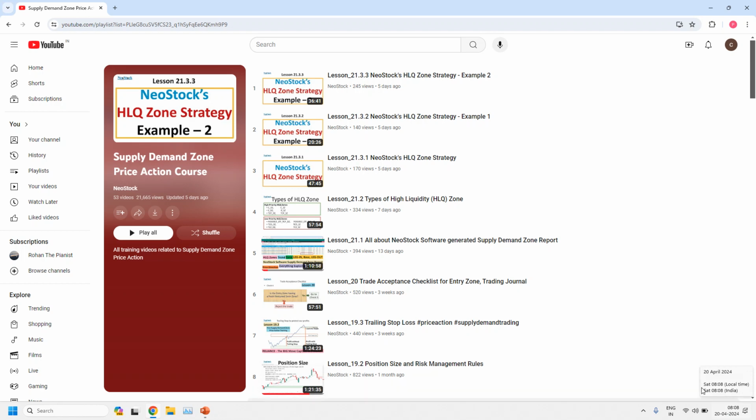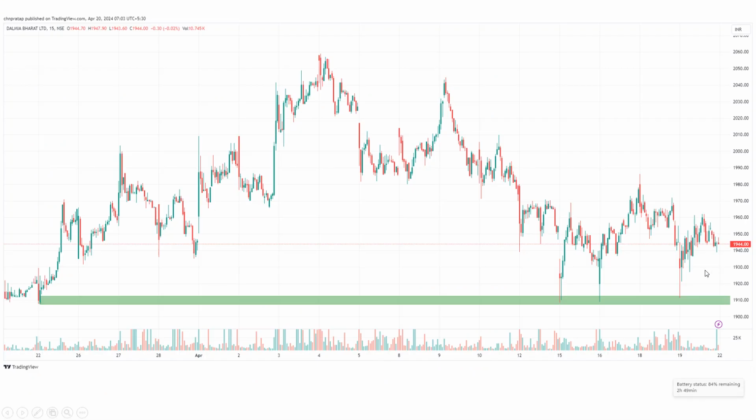So the previous day, that is Friday, in the Friday trading session, see here prices went into this zone, and after that again there was a rejection. It's a trading opportunity. How it is a trading opportunity, you will understand by the end of this video once you know the reason. This zone is a 1 minute zone. Don't be surprised, it is a 1 minute zone, but the time frame I am showing you is 15 minutes.